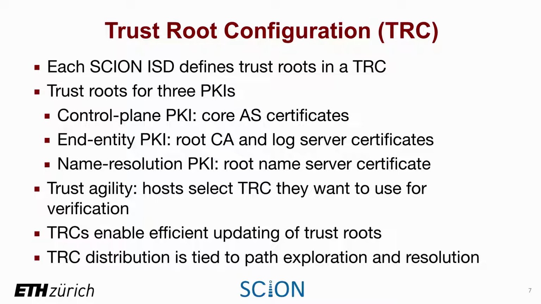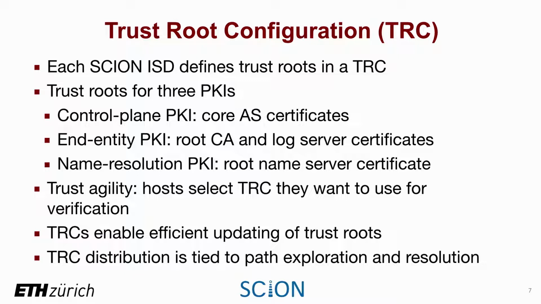Also, the trust roots for the end entity PKI, the root CAs, as well as log server certificates are part of this trust root configuration. Also, the root name server certificate, which is crucial, and the root of trust for the name resolution PKI is in that file as well.